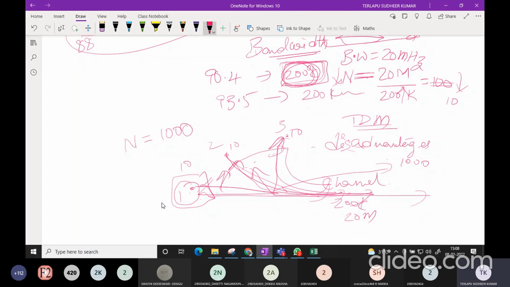As a result, user 1 has to wait, or delay comes into the picture. Even though you can transmit all the frequency, time is limited. Time is limited. That is the disadvantage of TDM.